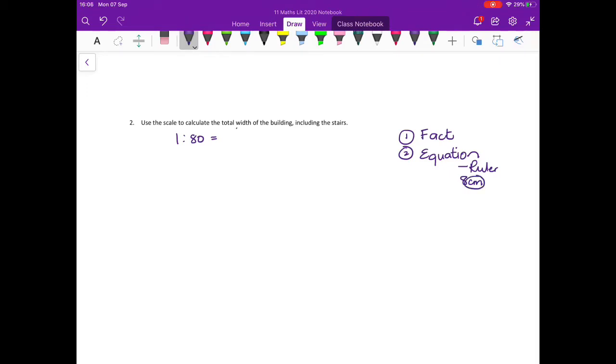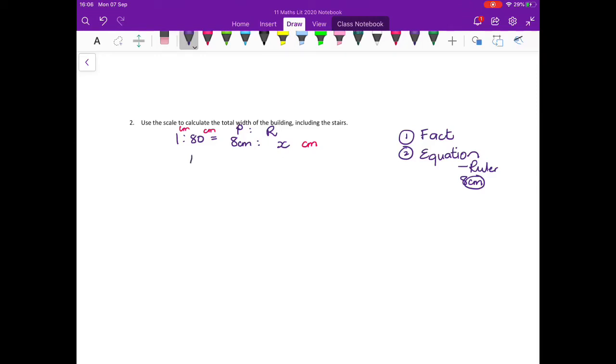Centimeters tells you that it's on paper, so I always have paper to reality, and I have 8 centimeters. Because this is implied centimeters to centimeters, which we showed, I want centimeters in reality, and I can always convert to meters afterwards. So I want to find out how many. I'm going to put an X. Make sure they are the same units, which we've just checked.